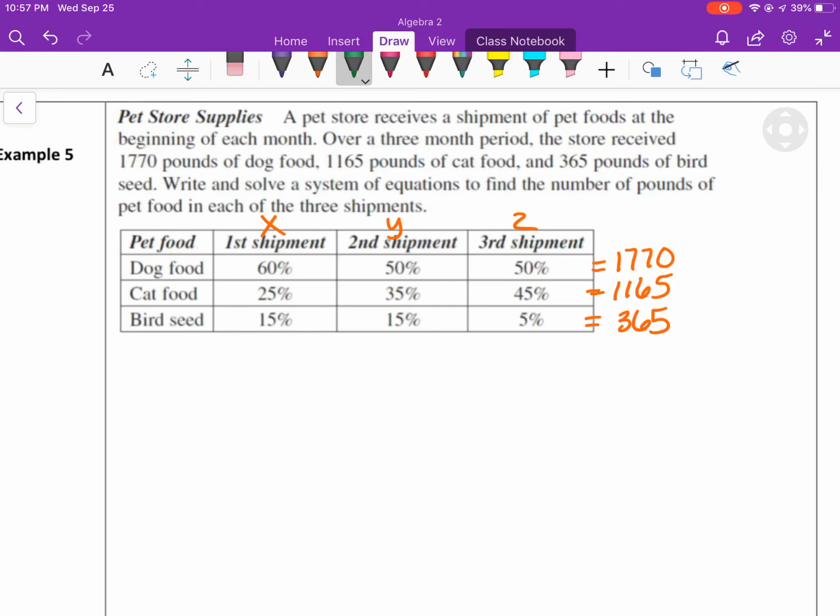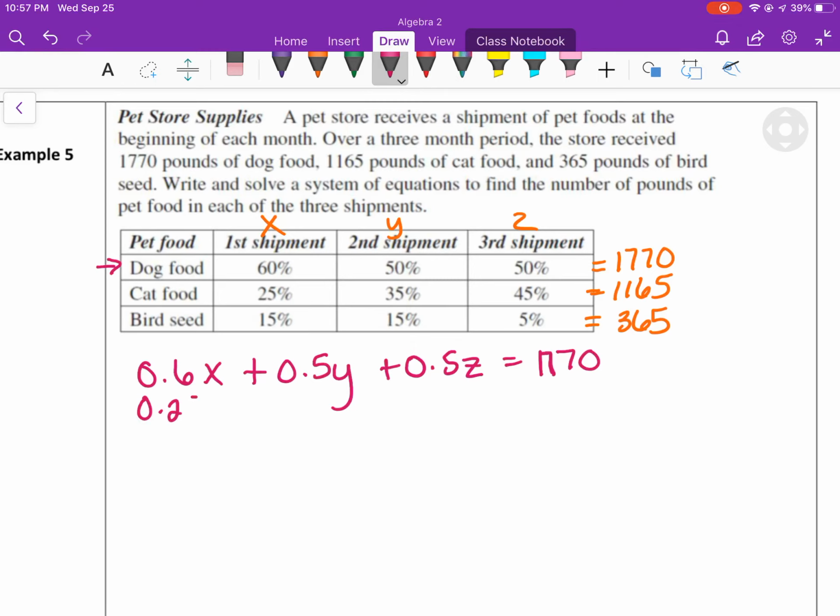Just remember to change these percents to decimals when you're writing the equation. So the first equation for dog food will be 0.6x for 60% of x, 0.5y for 50% of y, and 0.5z for 50% of z. And that will equal the total 1,770 pounds of dog food.